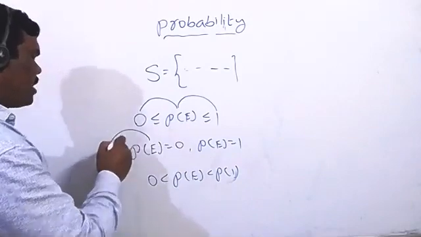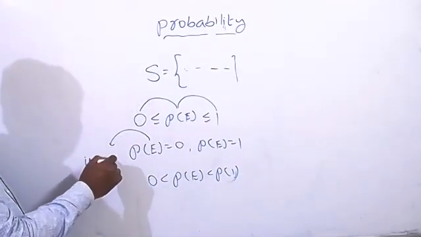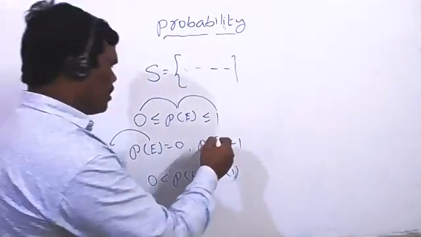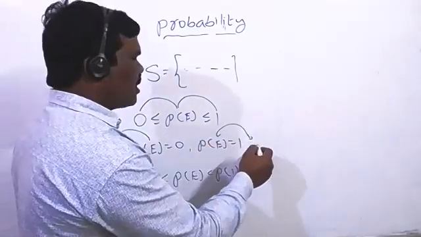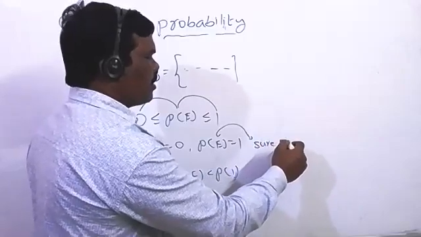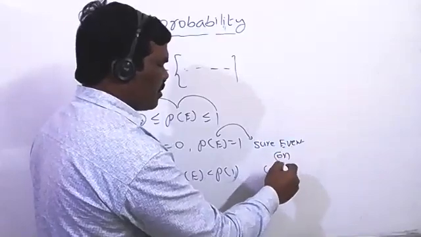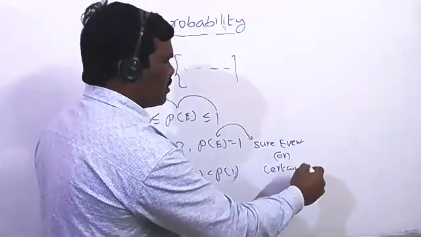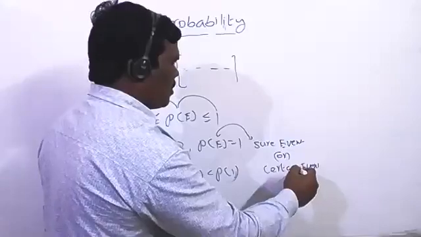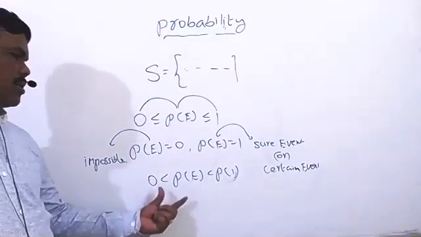This is called an impossible event. The probability of event equal to 1 is called a sure event or certain event.